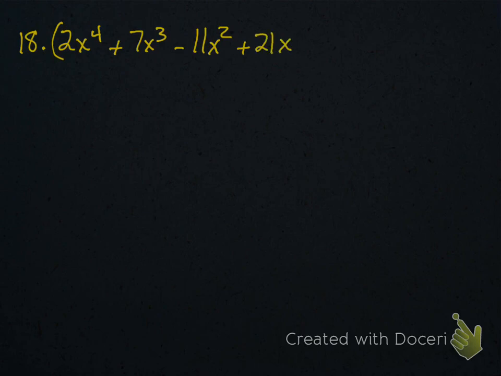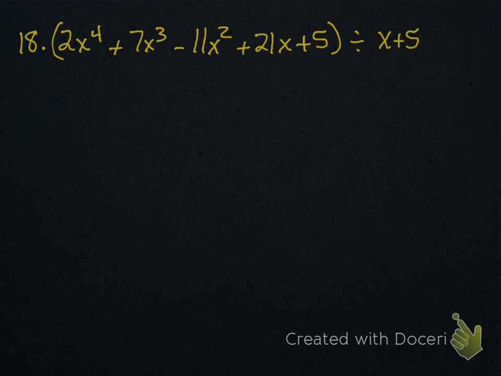We have 2x to the 4th plus 7x cubed minus 11x squared plus 21x plus 5 divided by x plus 5.